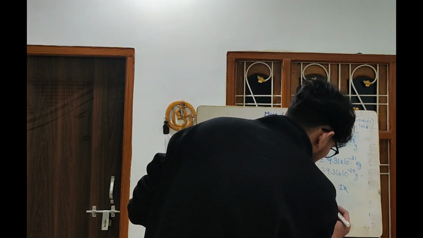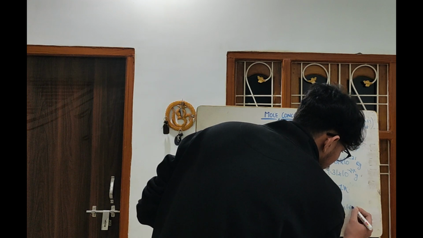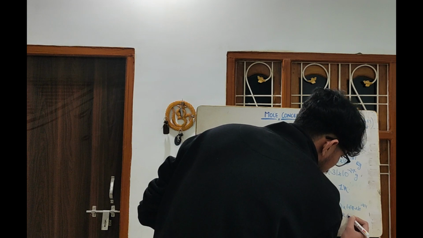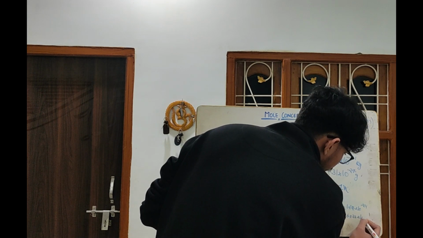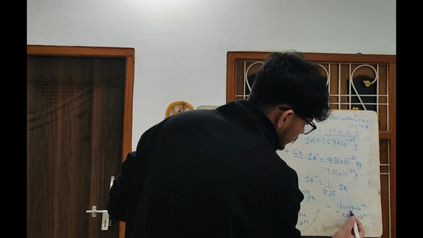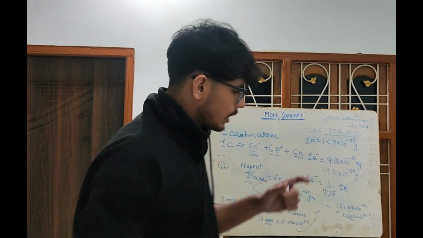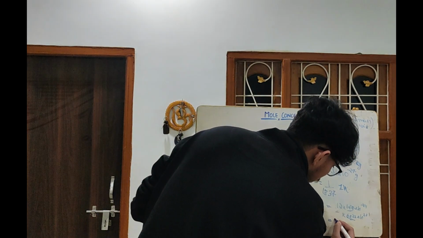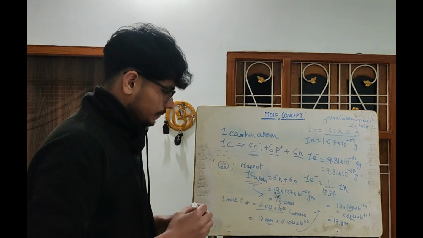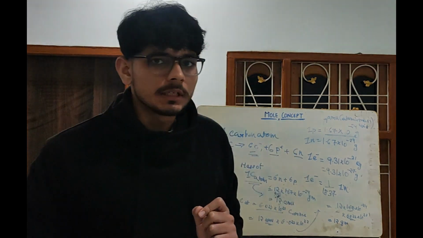So we can write 12 times 1.67 times 10 to the power minus 24 times 6.022 times 10 to the power 23. When we multiply 1.67 and 6.022, this will give us around 10. So after calculating, we will get 12 grams. From here we understand that the weight of 1 mole of carbon atoms is 12 grams.